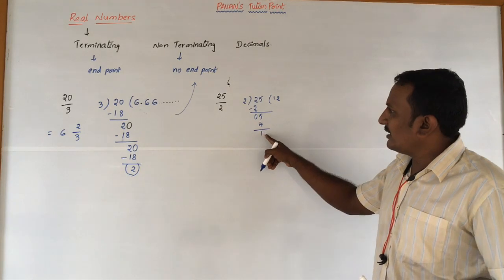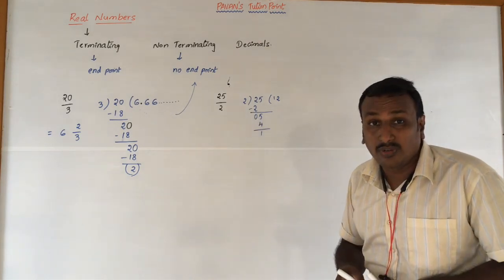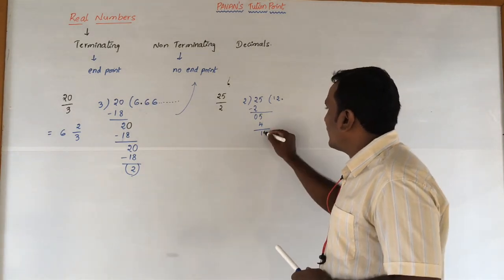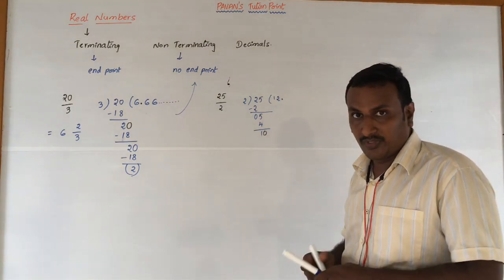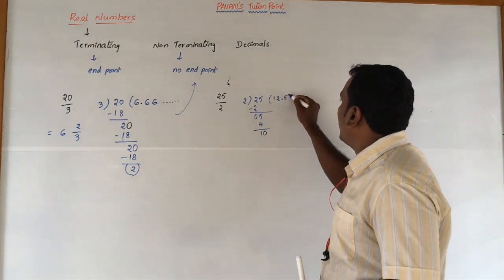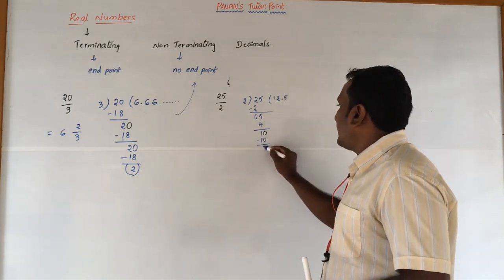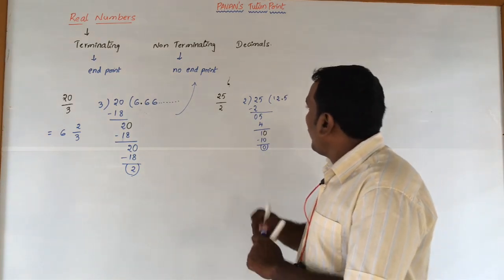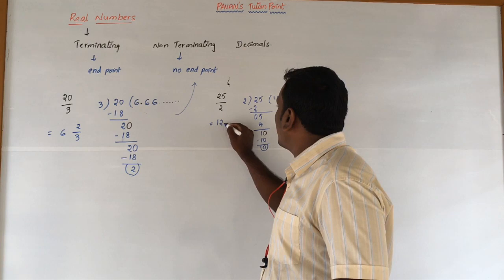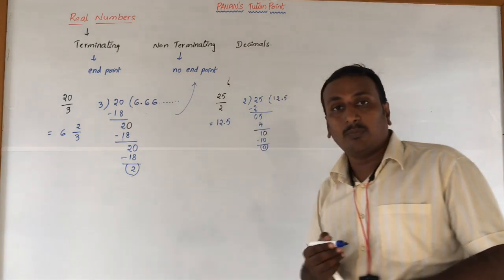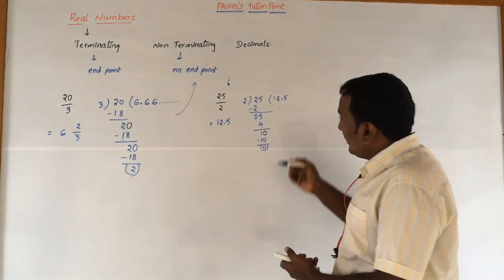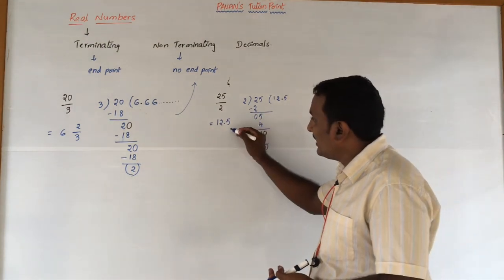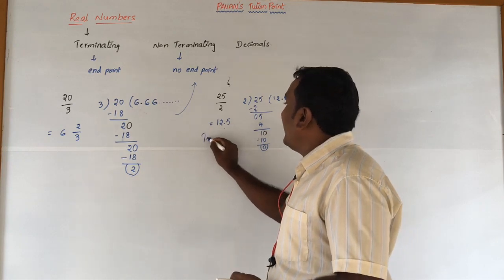We cannot divide 1 by 2, so we have to take the decimal point, and instead of it here we take 0. 2 fives are 10, and immediately we got 0. So 25 by 2, the answer is 12.5. Here we entered the decimal places, so this is called terminating.